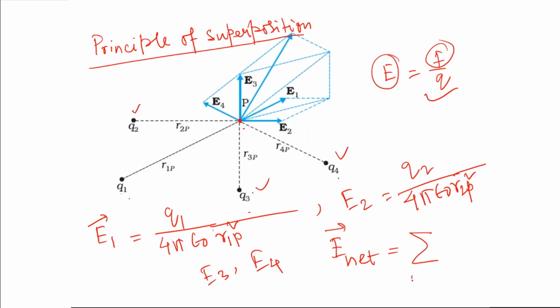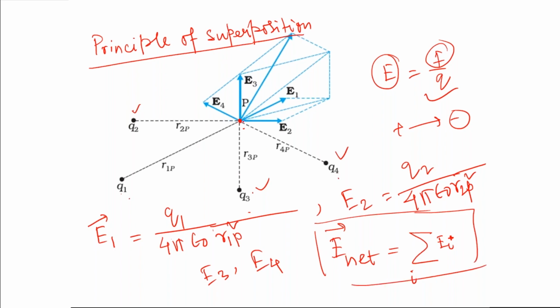Now you might be thinking, sir, electric field always goes from positive charge to negative charge, but here there is no negative charge anywhere. So how are you writing the electric field in this way? Look here, you have to get the electric field with proper direction, and then you have to add vectorially to get the net electric field at the particular point.